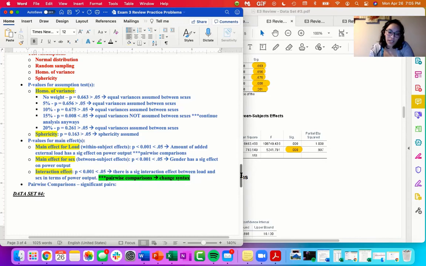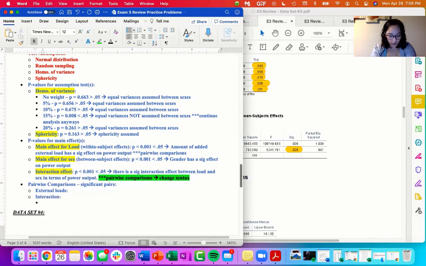So we'll go through those differences right now. Okay, so we need to look at pairwise comparisons for the external load to find out which loads were significantly different from each other. Again, you can skip the differences between sexes. And then we also want to look at our interaction stuff.